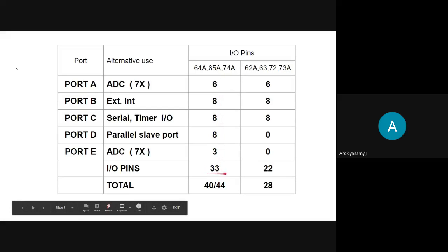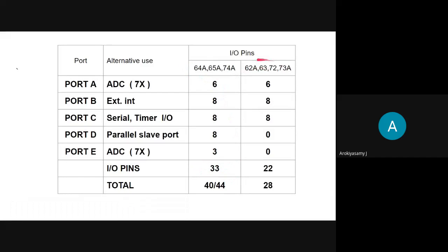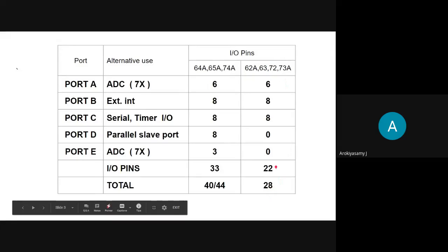There are 33 IO pins in 64A, 65, and 74A chips. But in this group, only 22 pins are available.